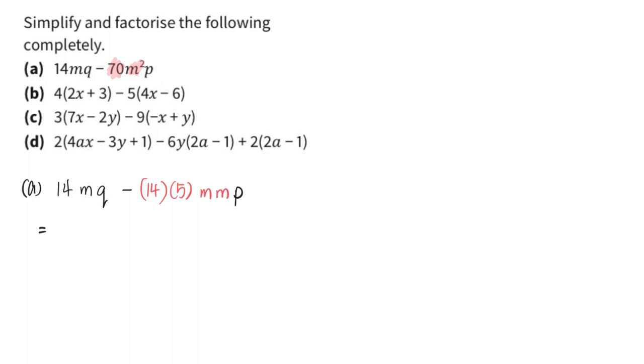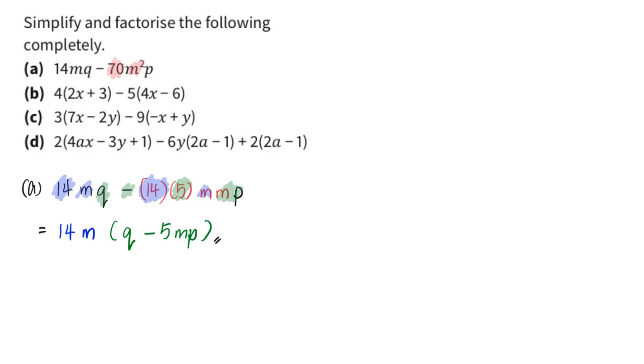The reason for this is such that I can identify my common factor easily, so that I will have 14m as the common factor, and I'm left with q minus 5mp. And that will be the answer for part A.